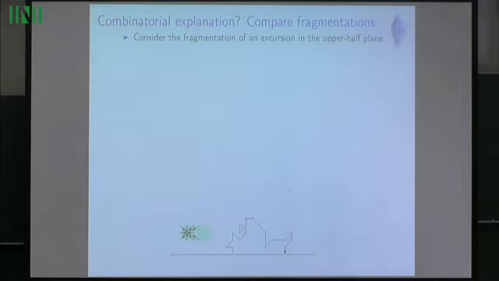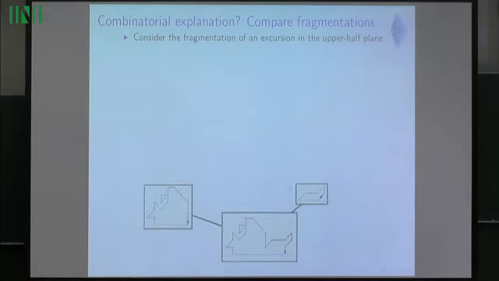So here's an example of an excursion of such a walk away from the x-axis going up. So I require the walk to return to the axis only at its endpoint. So what is a natural way to fragment such an excursion?